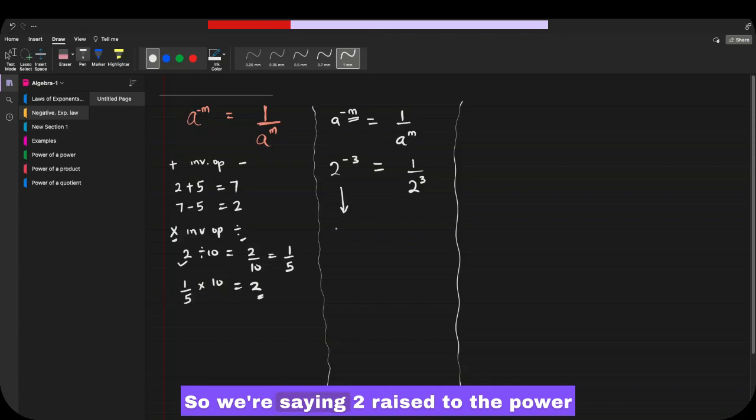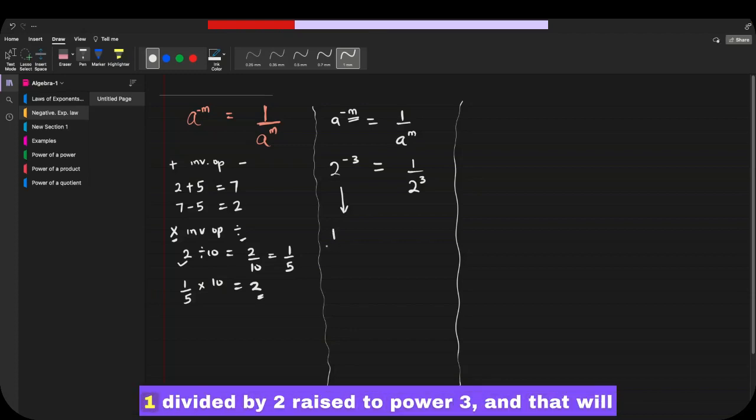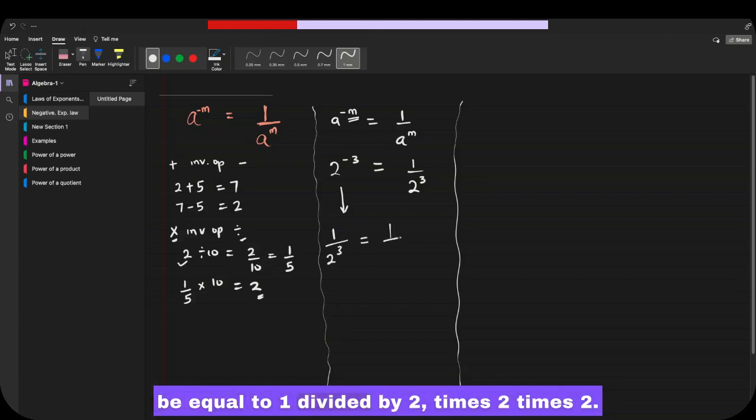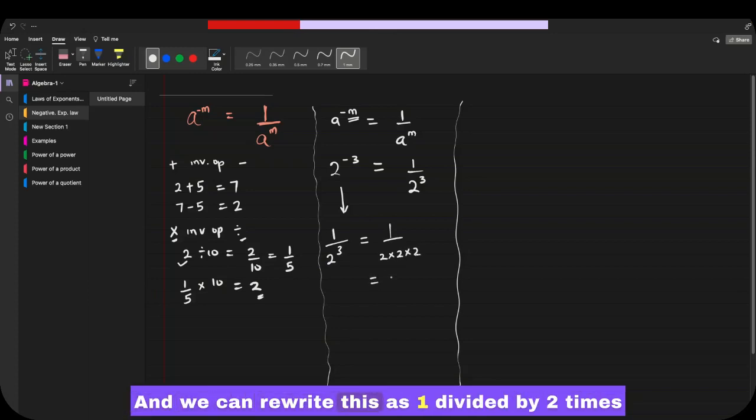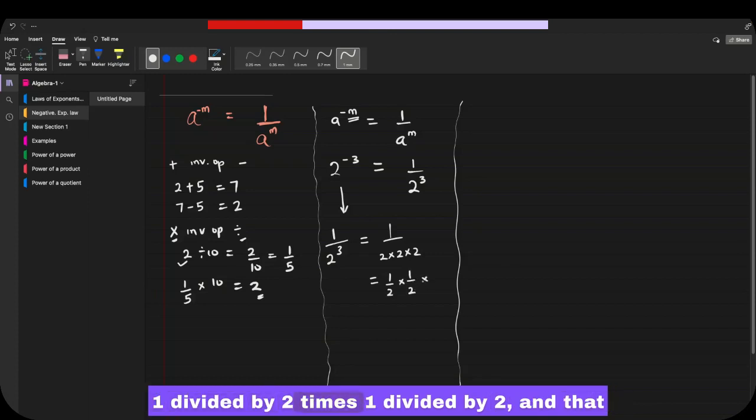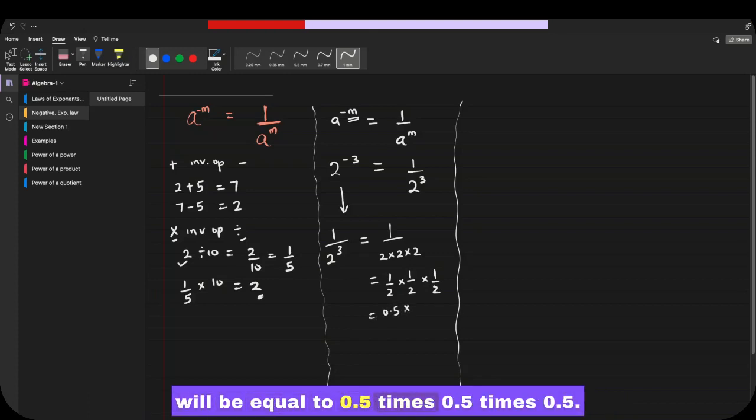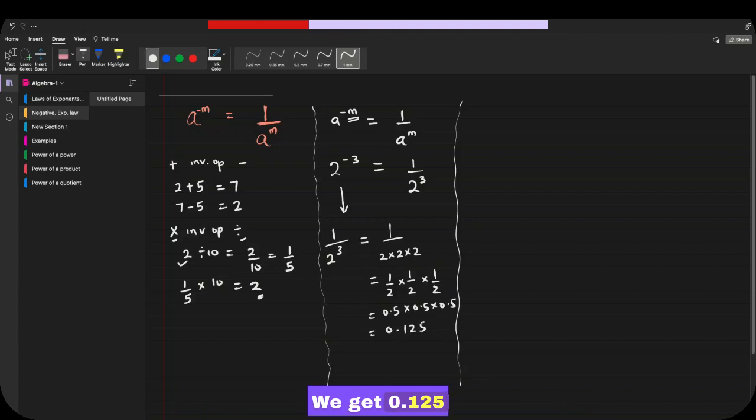So we're saying 2 raised to the power minus 3 is kind of like repeated division. 1 divided by 2 raised to the power 3 will be equal to 1 divided by 2 times 2 times 2. And we can rewrite this as 1 divided by 2 times 1 divided by 2 times 1 divided by 2. And that will be equal to 0.5 times 0.5 times 0.5. If we punch all this into a calculator, we get 0.125.